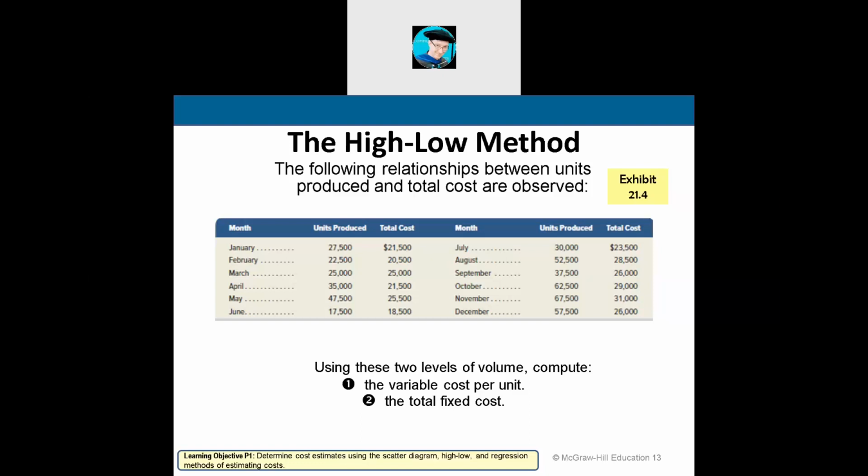May, let's see, May. We got 47,000 units produced. Oh, I'm sorry. No, not May, November. So November, we got 67,500 units produced. So far that makes sense. 31,000 total dollars. Yes, May. Yeah, that's an excellent answer. Very well done. So December is our high month. What's our low month?